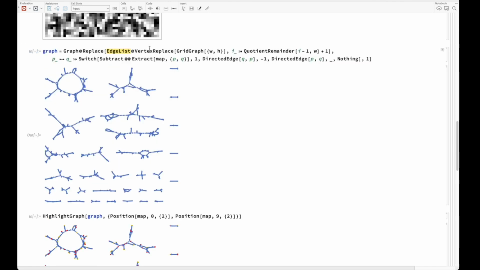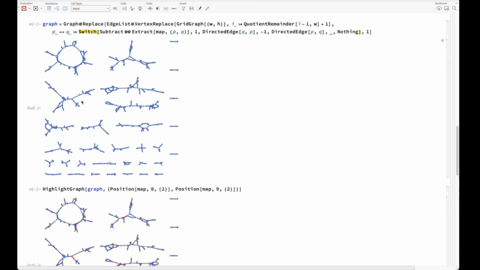Yeah, you just change the name, and then you place it. This is computing exactly the height difference. If it's 1, then you put an edge. If it's -1, you put an edge in a different direction. If it's anything else, you remove the edge. And you just get these disconnected graphs.